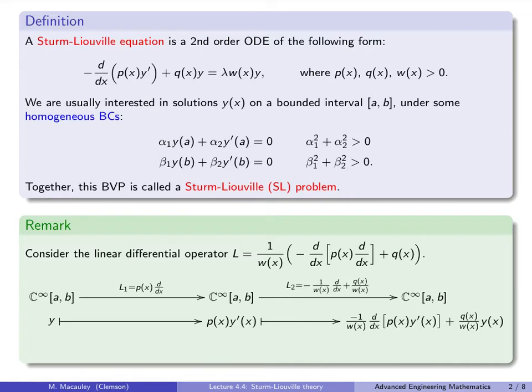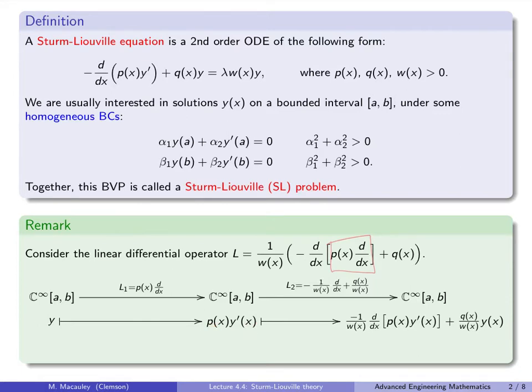Here's one way to think of what this operator does. You can sort of peel it apart. Start with a function y, a smooth function on [a, b], and apply this inner piece, p(x) d/dx of y. If you start with that, you get out p(x) times y'(x).